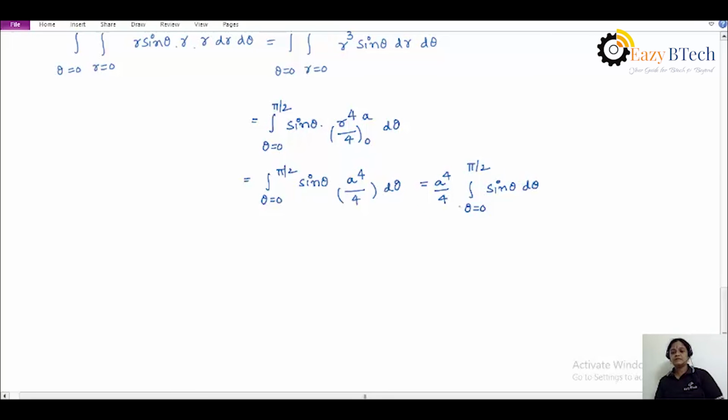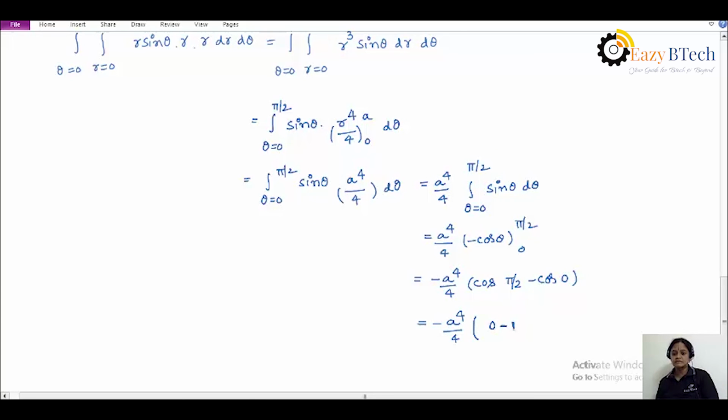Next doing integration with respect to theta, a power 4 by 4, then the integral of sin is minus cos theta from 0 to pi by 2. Upper limit minus lower limit: minus a power 4 by 4 into cos pi by 2 minus cos 0. Cos 90 value is 0 and cos 0 is 1, so the final answer is a power 4 by 4.